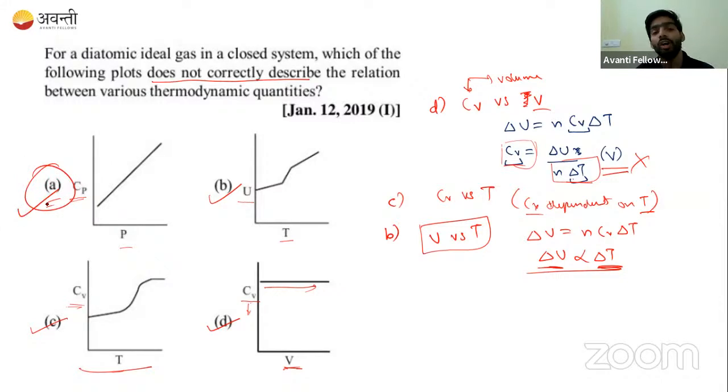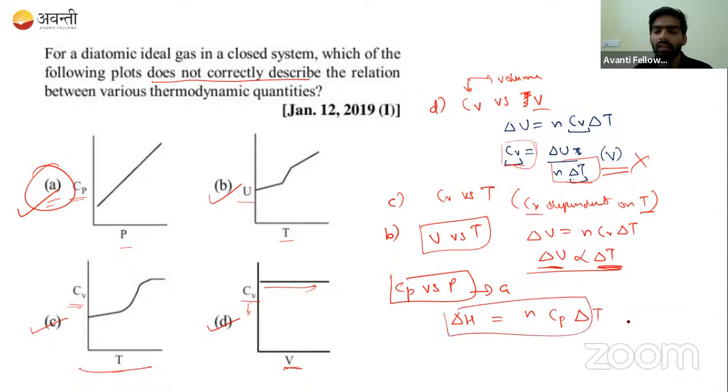Now see how option A is an incorrect graph. Here it is telling about the CP versus P graph. Option A: we know the formula delta H is nothing but n CP delta T. In this formula there is no pressure term. That means it is independent of pressure.